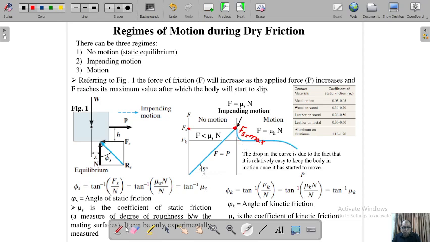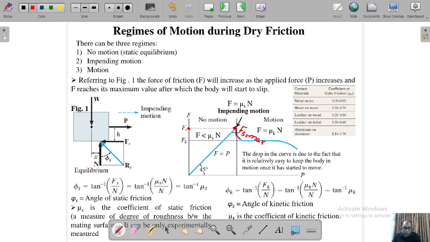The frictional force starts to decrease, the reason being that once you cross this point, the frictional force tends to decrease as the object starts to move. As this object starts to move from this point onwards, definitely as the motion is there, the friction will reduce.